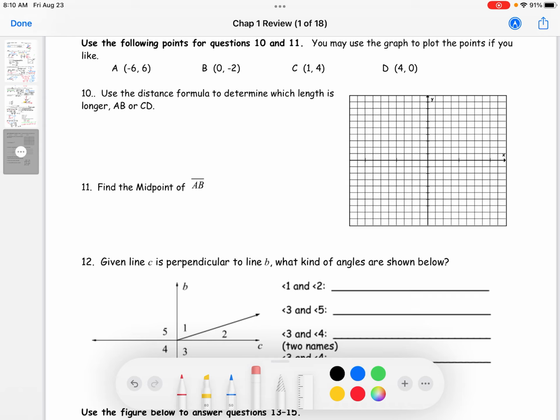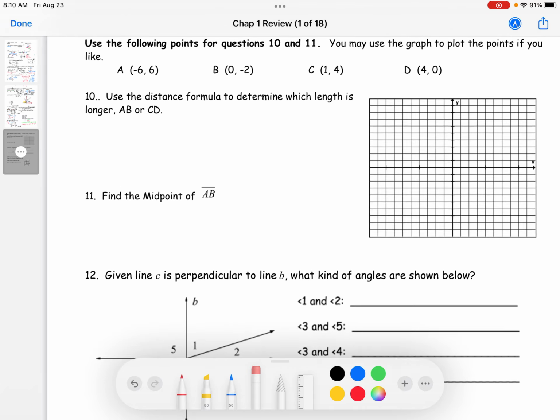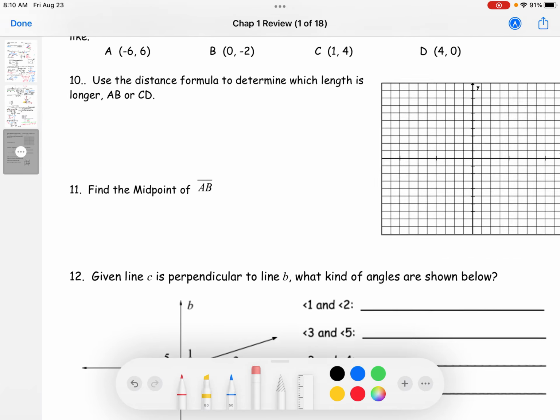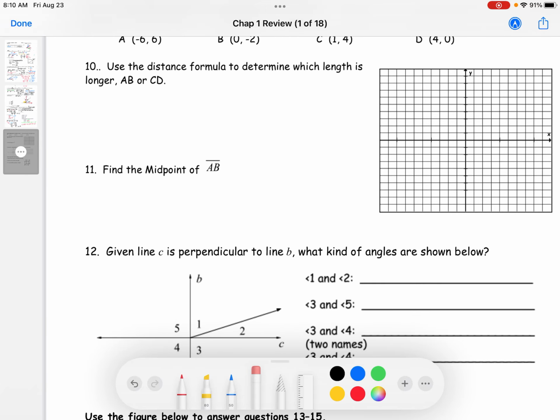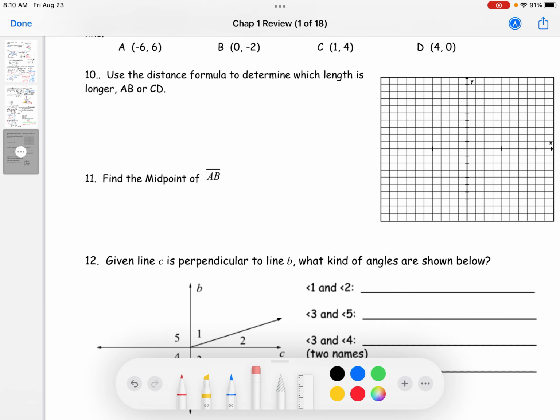Okay, so it says use the distance formula to see which length is longer. So the distance formula, I'll go ahead and make this a little bit bigger so we can see it a little bit better, and I'll graph it a bit too.